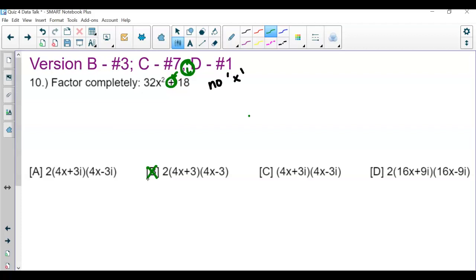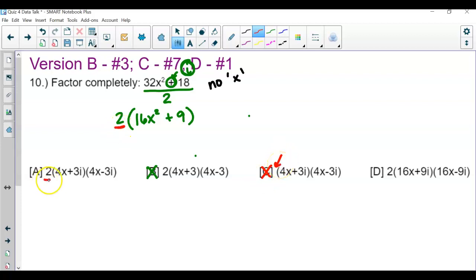I do notice though, and even using my answer choices as a guide, that I have a GCF of 2. So I'm going to first divide out my GCF of 2. So bring that down, 2 times 16x squared plus 9. Then I'm going to also mark off answer choice C, because notice how there is no 2 on the outside.